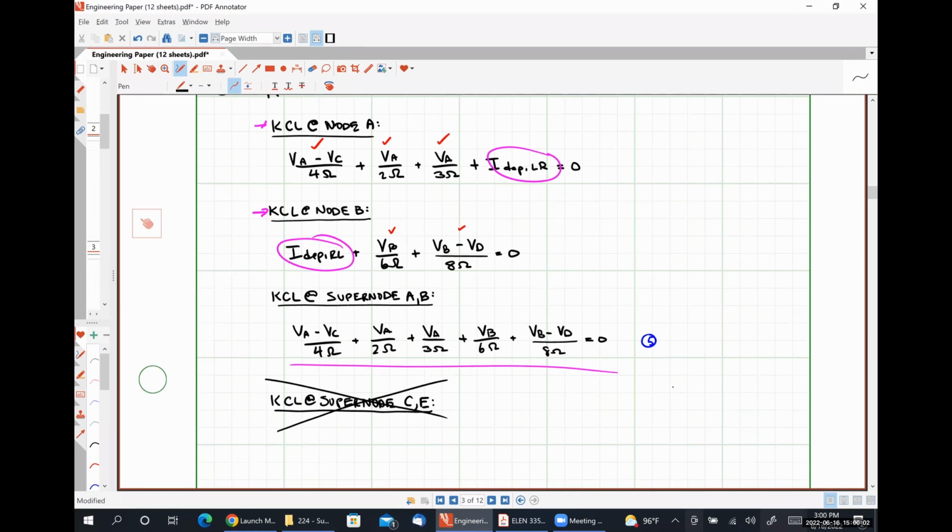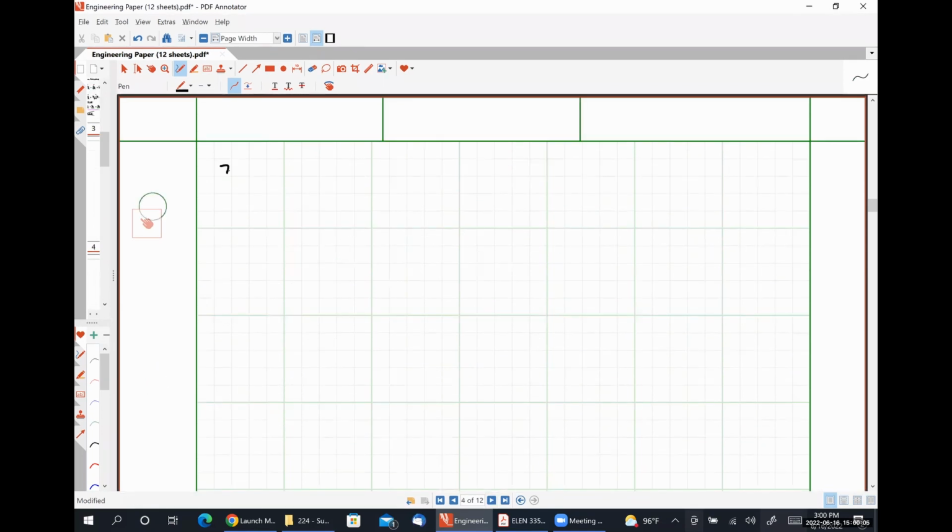So our last step, step 7, will be to write a KCL equation for any remaining non-reference nodes, which in this case, the only remaining non-reference node was node D.